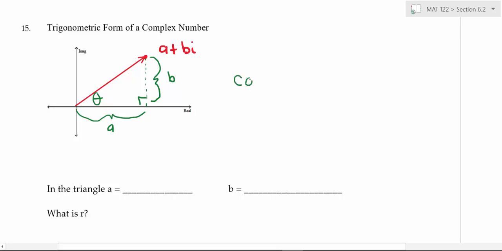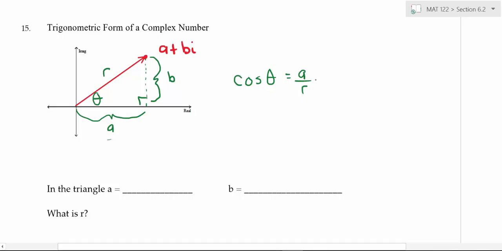So if we did the cosine of theta, it is the adjacent over the hypotenuse. The hypotenuse is represented by r. So the cosine would be a over r. Now we can take that expression that we already know, a over r, and solve it for a.